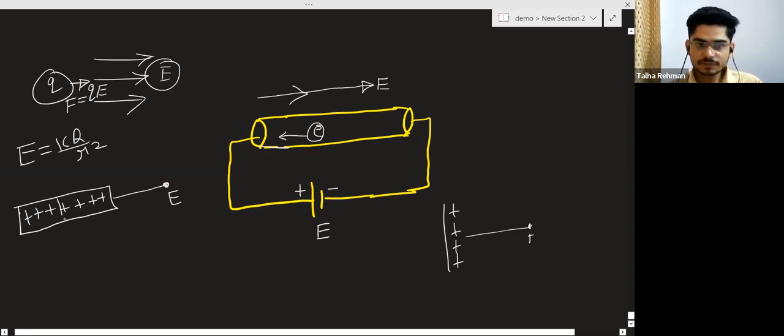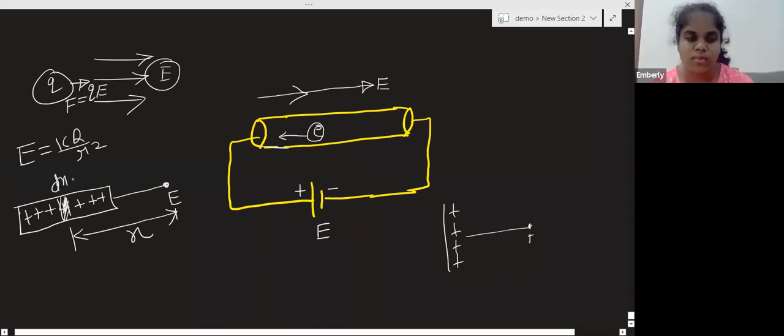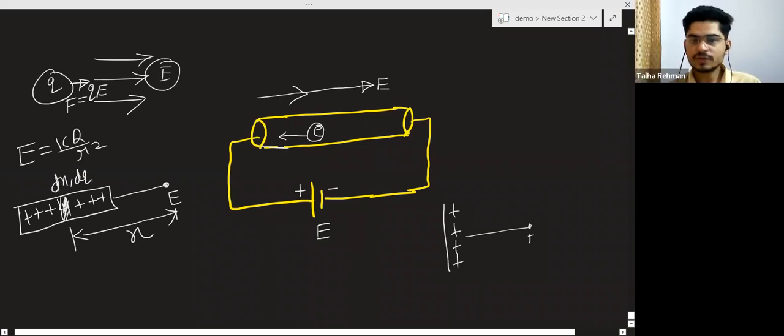So for this we will take a small element at some distance x. And what is the use of integration here? Due to this element dx having a charge dq, one by one we will calculate the electric field, and that addition will convert into integration. Integration means addition of the things, addition of small elements.